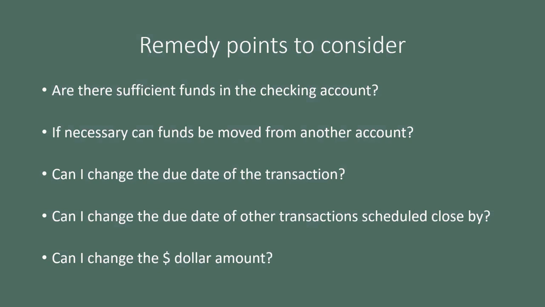And if you are locked in with one transaction, then can you change the due dates of the transactions that surround it? Can you delay one payment because there's a higher priority pressing payment? Or can you even change the dollar amount? If it's a discretionary amount instead of a fixed amount, could you get by with a smaller amount? The point to remember is that the reconciliation transactions have to do with the availability of funds.